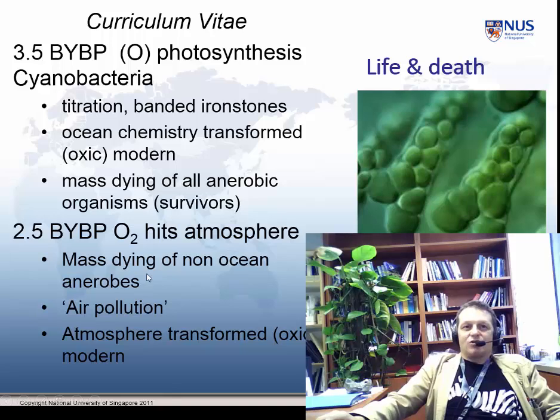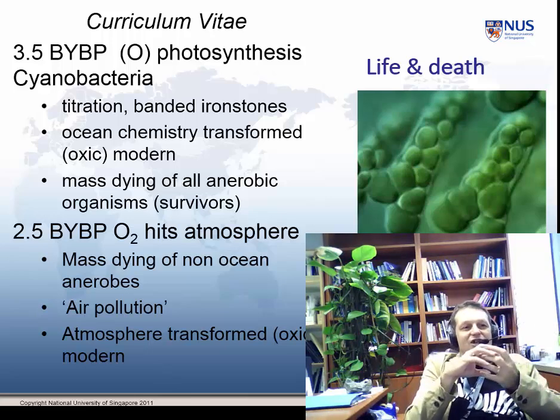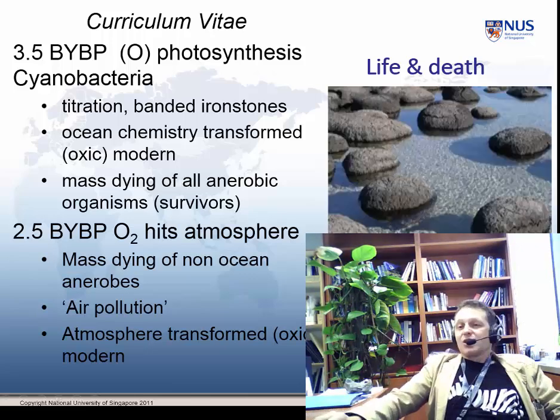We think about air pollution now, but trust me, this was probably the largest air pollution incident that's ever occurred in Earth history. And now that massive oxygen production, which has oxidized the oceans, then transforms the atmosphere, and it becomes the modern oxic atmosphere that we know. So you see, the history of the atmosphere and the oceans chemically are really quite closely intertwined.